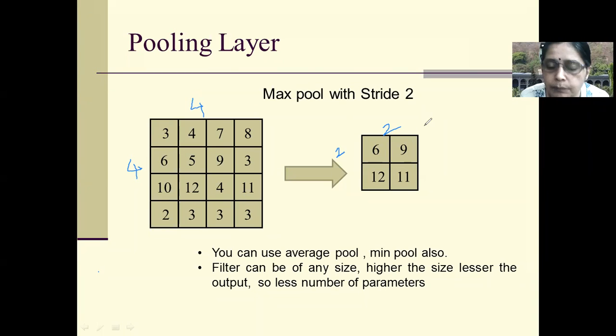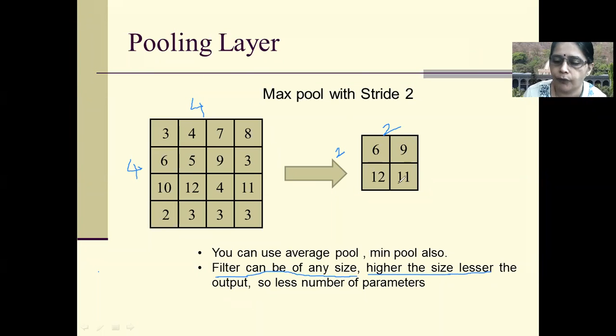So the ultimate reason for using pooling is to reduce the image size and to reduce the number of computations and storage requirement for further layers. Okay. So the filter we use can be of any size, and the higher the size of the filter, the lesser the output size.